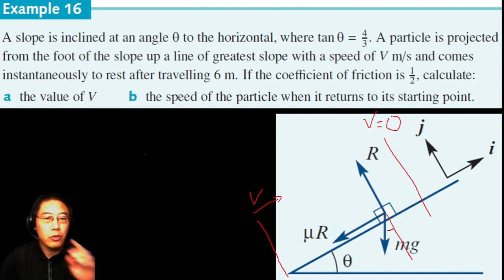You can also solve that using your equations of motion for constant acceleration. That will work as well, because anything linked to gravity, even with friction, is a constant acceleration situation. Anyway, here we're just going to deal with it in a slightly different way.